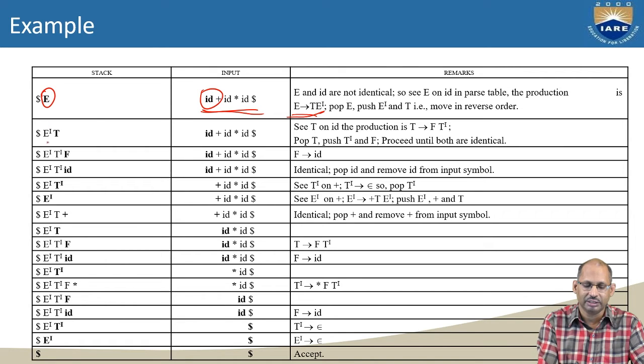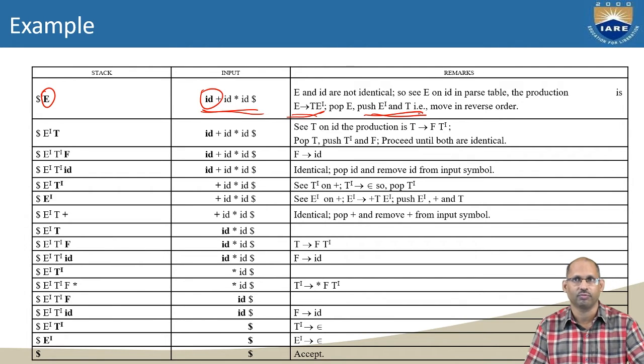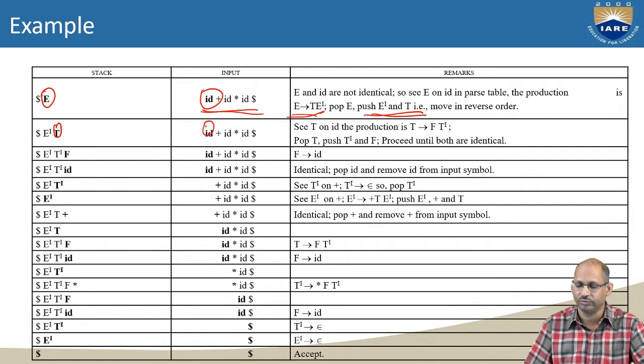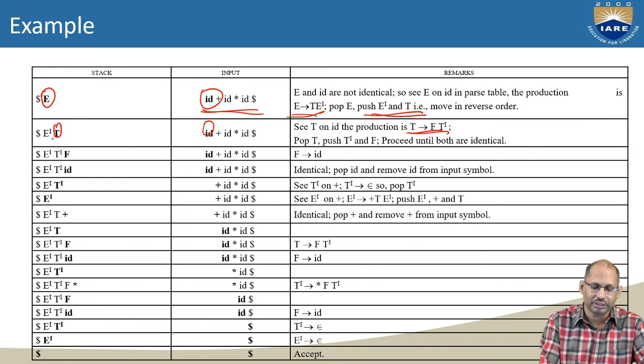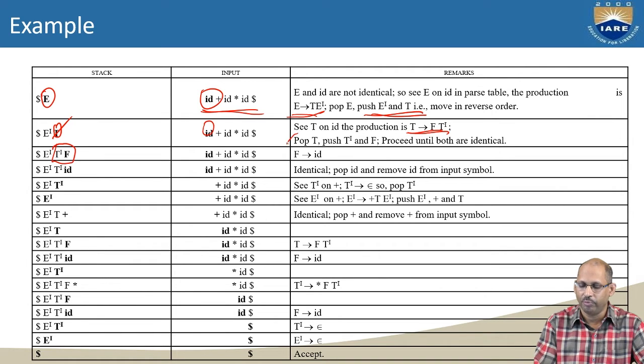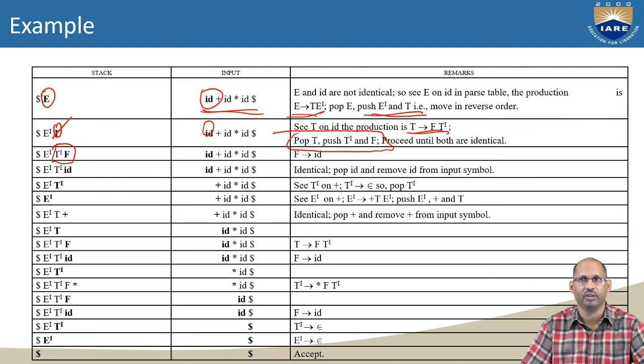So store as E dash T. Right? Push E dash and T. Now consider T and ID, which is the production T gives FT dash. So remove this T and store T dash and F.